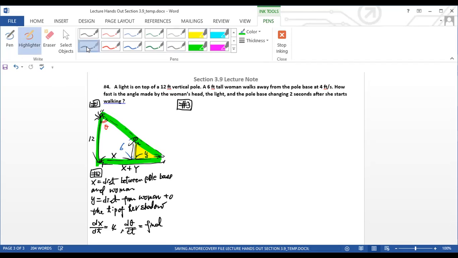In fact, this problem did not use the information about y, so I want to replace the y out. If you take a look at this big triangle and the small triangle, I know by similar triangles.